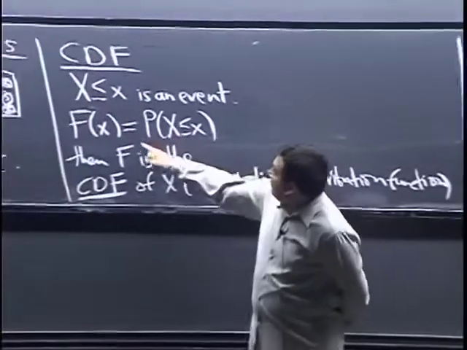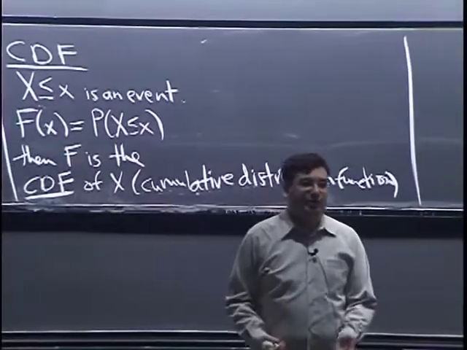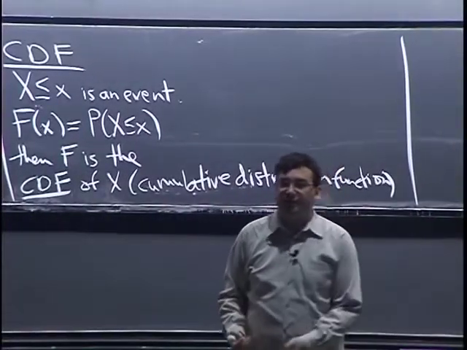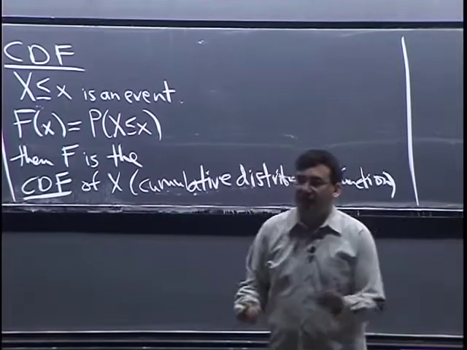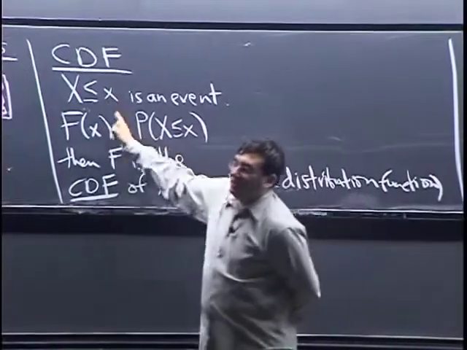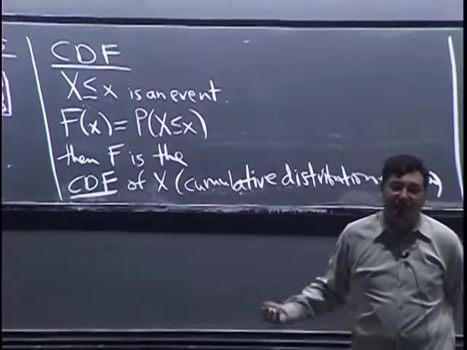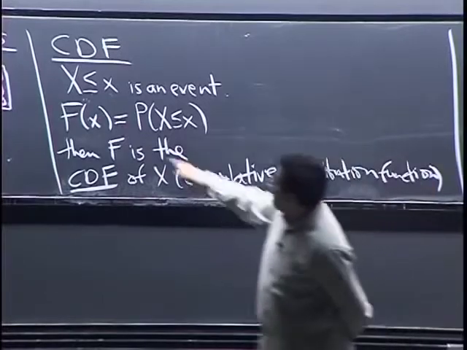X less than or equal to little x is an event that either occurs or not. Before you do the experiment, you don't know what X is. After you do the experiment, maybe you observe X happened to equal 7, and if little x happened to equal 9, then we'd say this event occurred because 7 is less than 9. That's all it means. So that's an event.